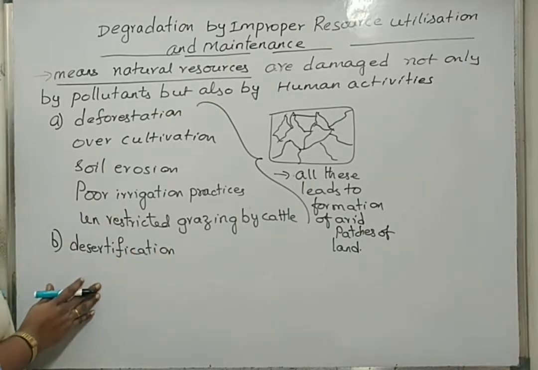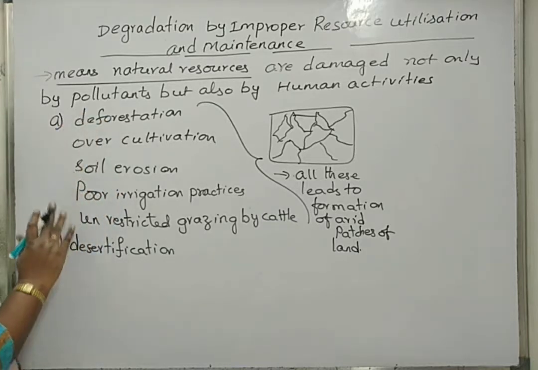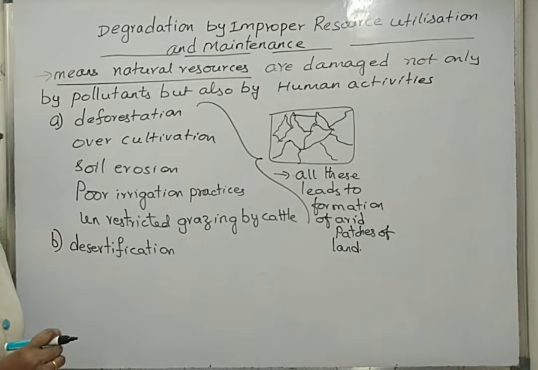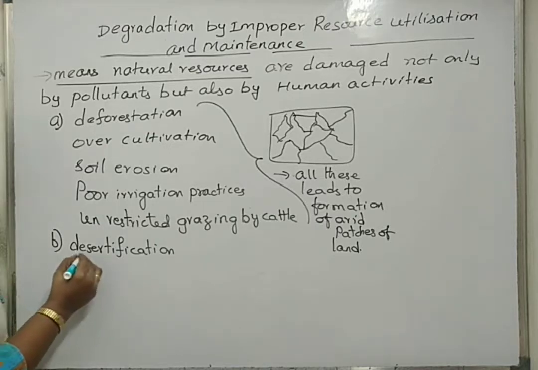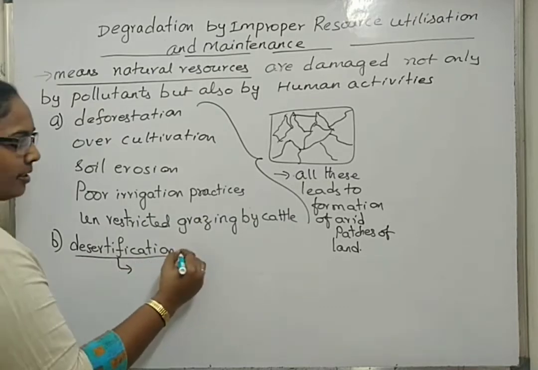This desertification can be due not only to all these factors, but also to increased population and increased urbanization. So it leads to the formation of large barren patches that form into desert. So desertification means formation of desert.